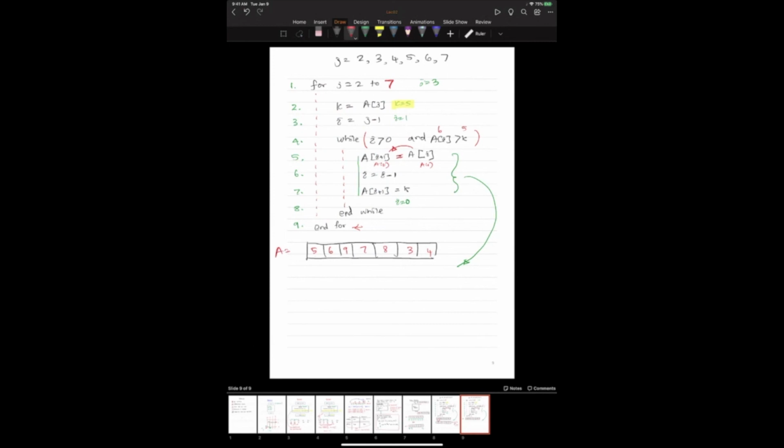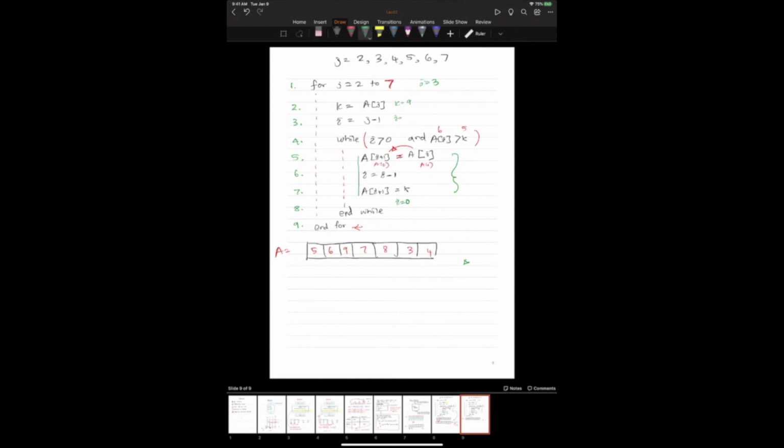So at the end of j is equal to 2, we have 5, 6, 9, 7, 8, 3, 4. So A3 is 9, so K is 9. Now I have said i is equal to j minus 1. So j is 3, so i is 2.